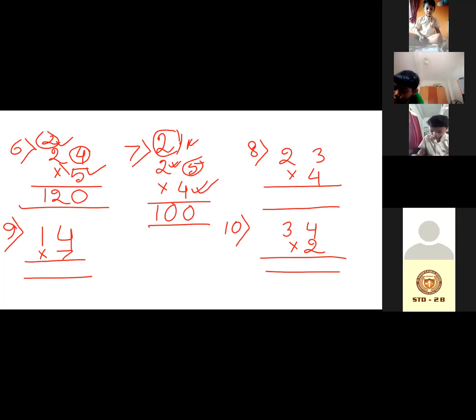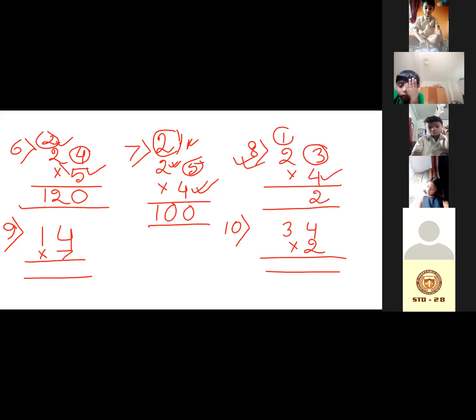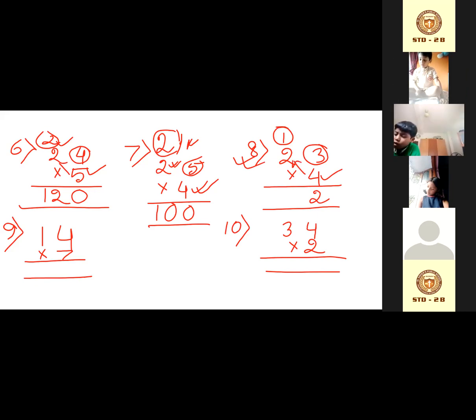It is 100. Okay, now number 8, 23 into 4. 3 4s are 12. 2, 1 carry forwarded. 4 2s are 8 plus 1, 9. Complete this fast.